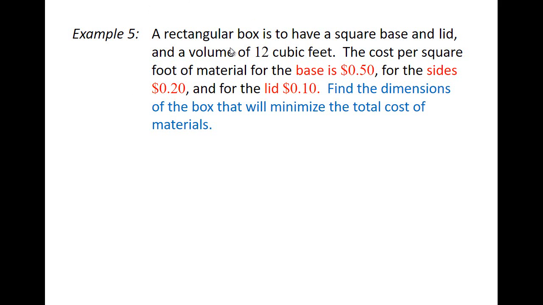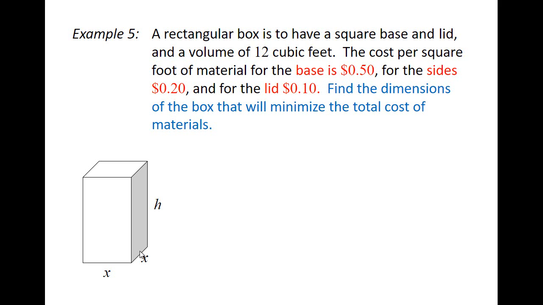The requirement 2 is that the base of the box and the lid, I guess, should be square. And then we need to minimize the cost of building such a box, where the prices for building the sides are given.